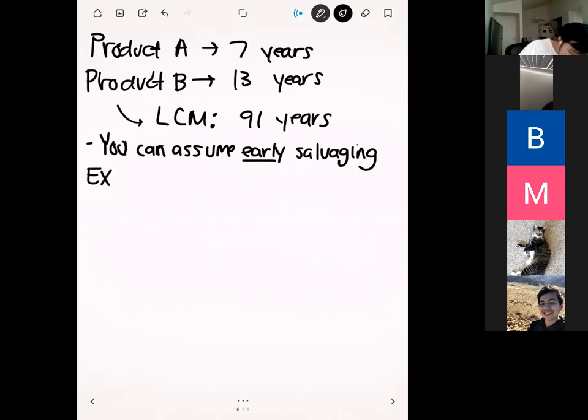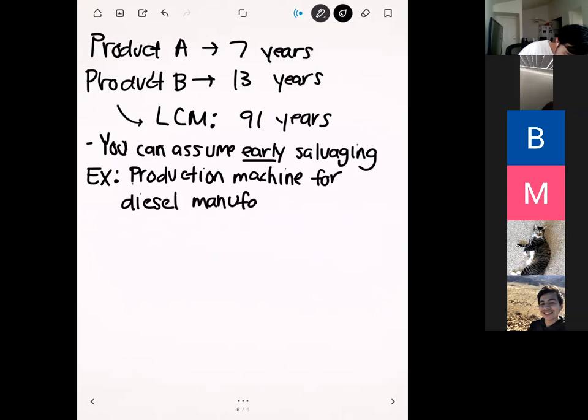And so we're actually going to use these two lives. In this example, let's say we have a diesel manufacturer, and it's considering two different production machines. And so we have two options.